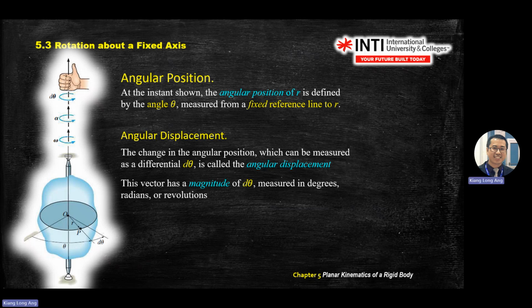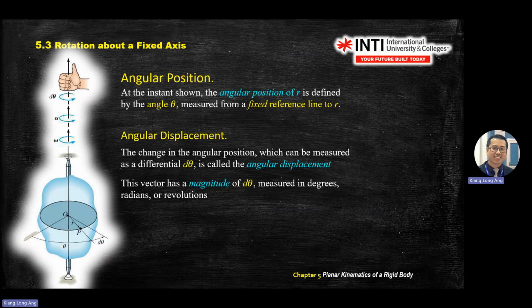Again, this is a vector form. A vector has magnitude and direction. For chapter 5, you can measure rotation in degrees, in radians, or in revolutions. One revolution means one round, one circle, equal to 360 degrees, equal to 2 pi radians.